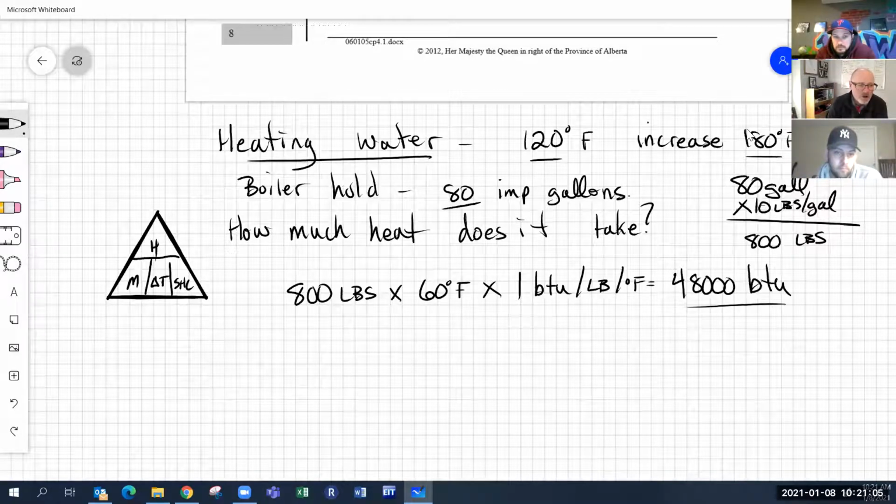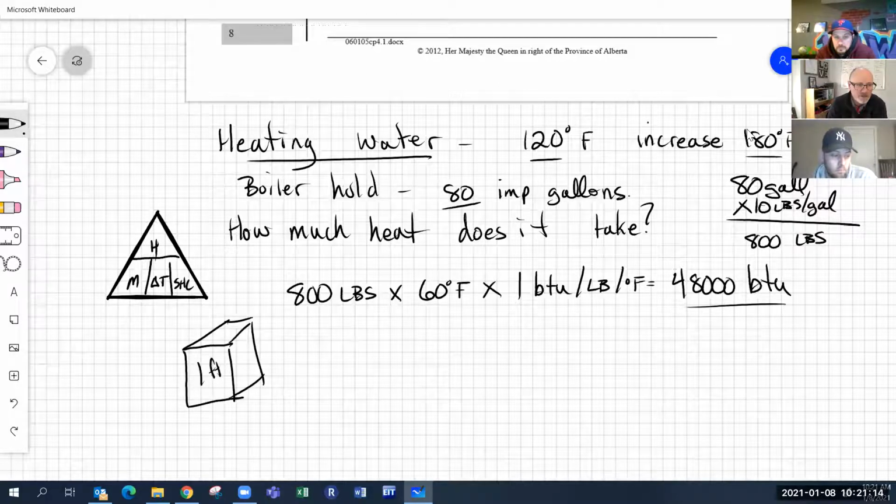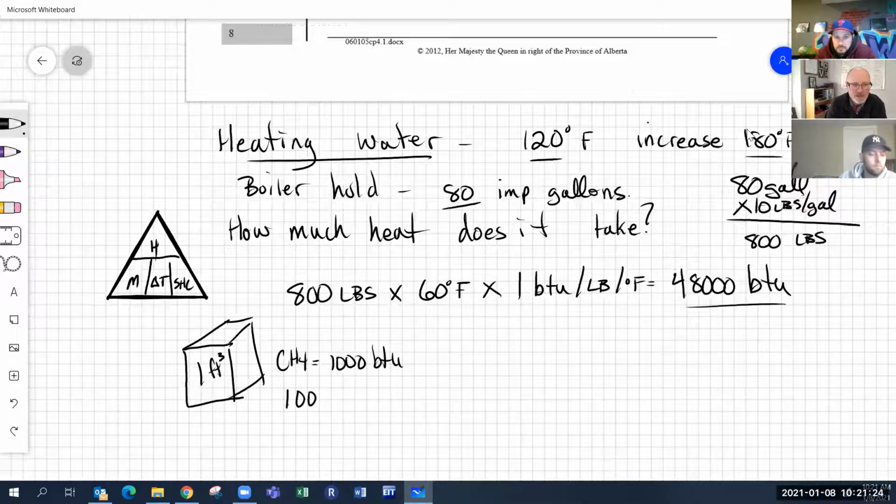Now, if I just wanted to expand on this, I told you that 1 cubic foot of CH4 is 1,000 BTUs. Or I could say that there is 1,000 BTUs per cubic foot of natural gas. Right?